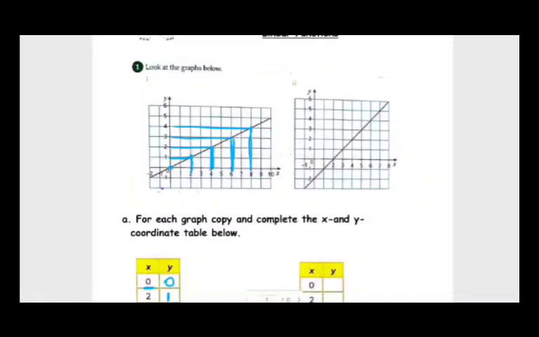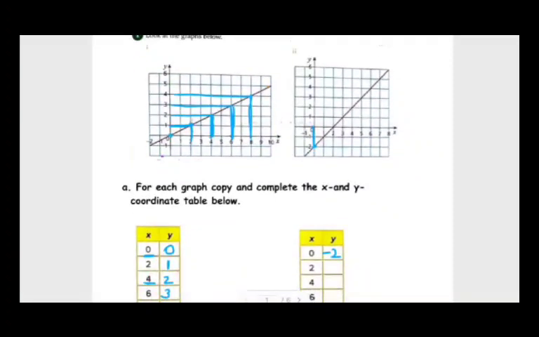When my x coordinate is 0, here, what is the point on y? The point on y is -2. When my x coordinate is 2, my y coordinate is 0.